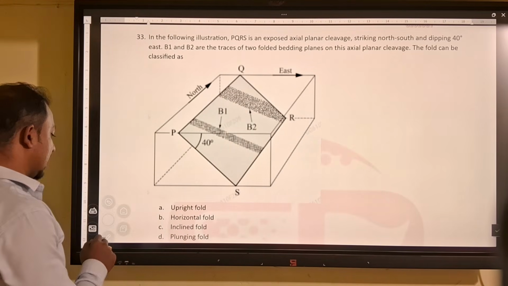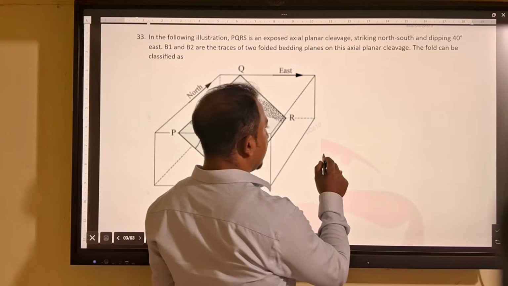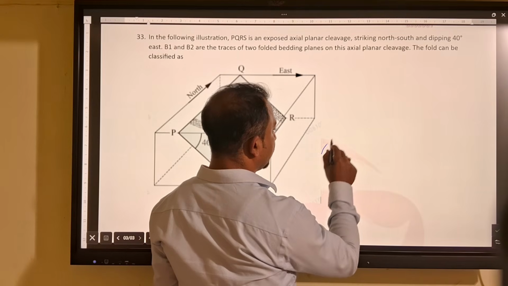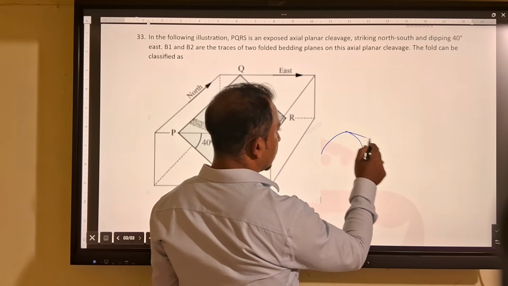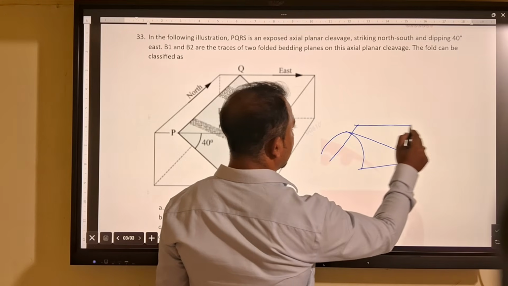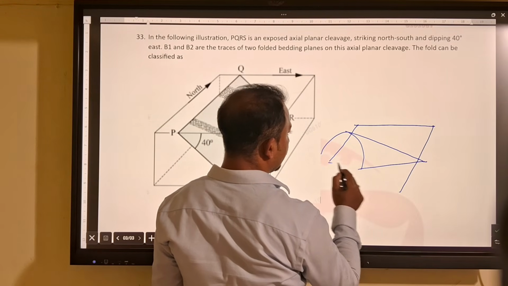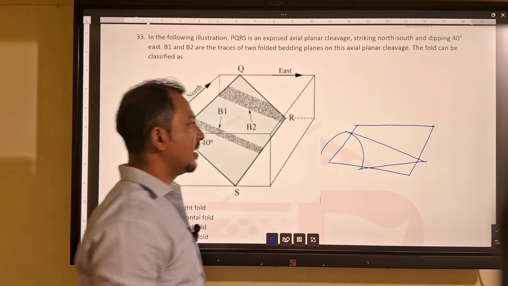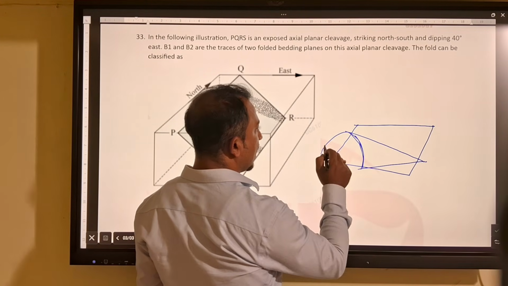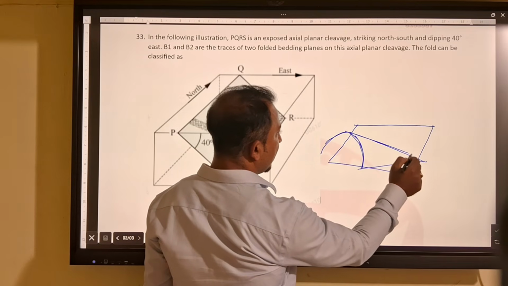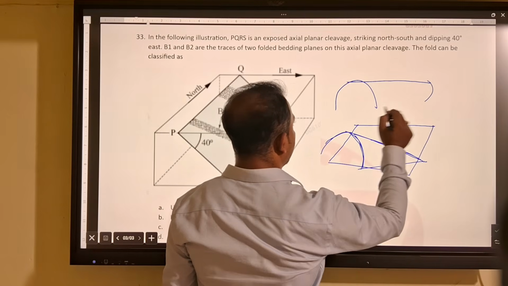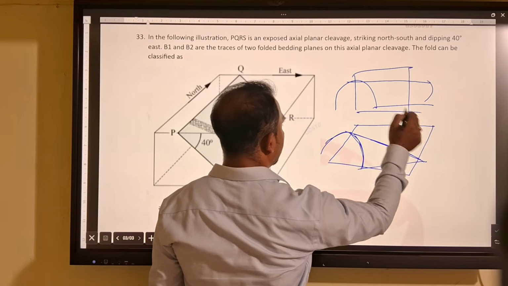So let me draw a diagram. Suppose we have a fold like this. We'll have an inclined fold. Now this is our axial plane. Now this is your limb and this is your limb. So it will make a trace like this. If you are talking about this type of fold, then the trace will be like this.